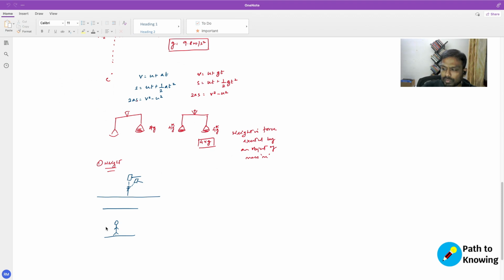Let's take another example of a runner. This is a slightly different example, wherein you have a runner who is about to sprint, getting ready for a race, right? Runners have starter blocks, and they look something like this, where they place their legs. Just think about this picture as a runner on his or her mark, about to run.